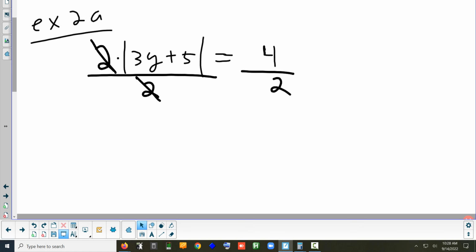What's on the left side once I cancel out 2? Yeah? 3y plus 5. Anything else? So yeah, equals 2. Still something else we have on the left-hand side that we haven't gotten rid of yet.